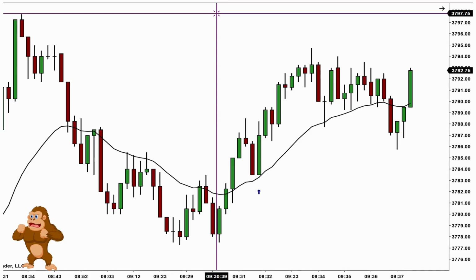When a second entry fails, many inexperienced traders are caught on the wrong side of the market, hence the name trap.